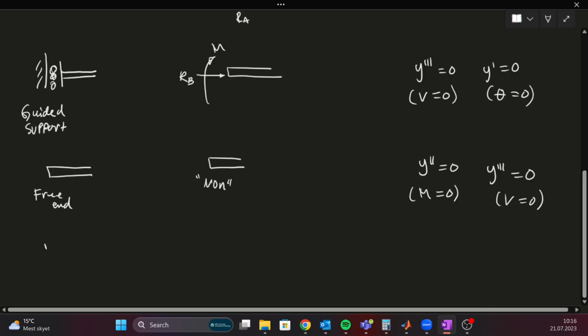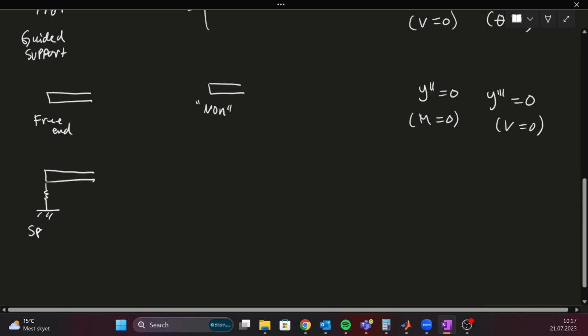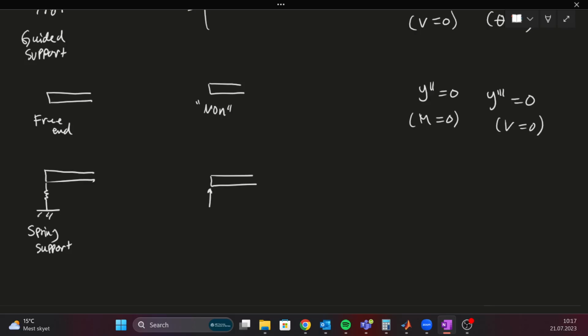If we have a beam that has a spring on it at the end or start, we call this a spring support. The reaction force for this is only RS, reaction spring.